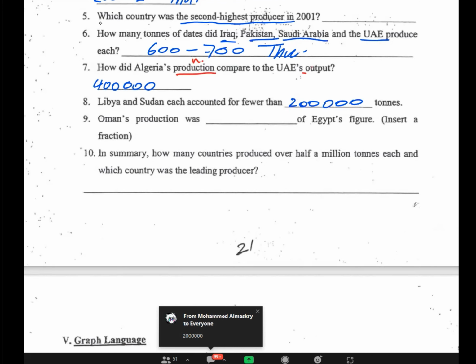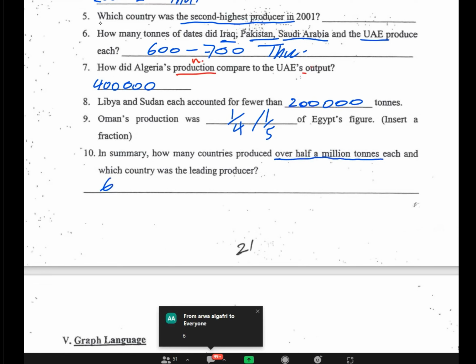Oman's production was of Egypt's figure. Here you need a fraction, yeah, 1/4 or 1/5. In summary, how many countries produce over 500,000 tons? 6.